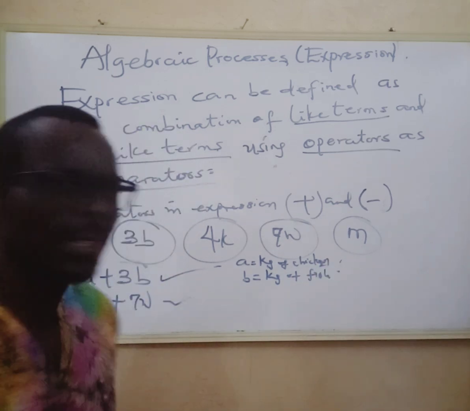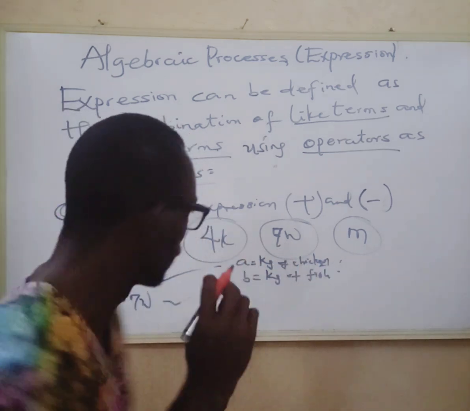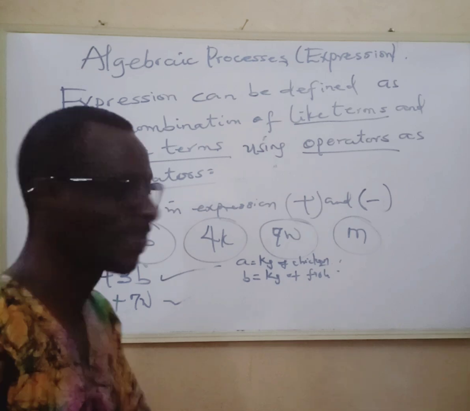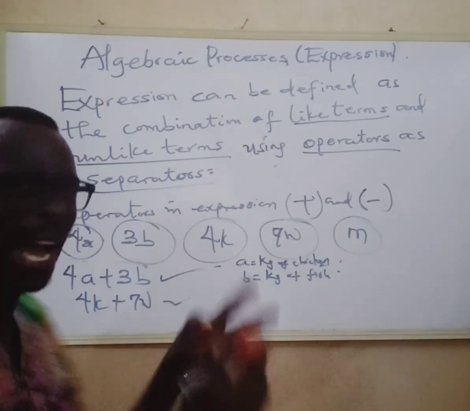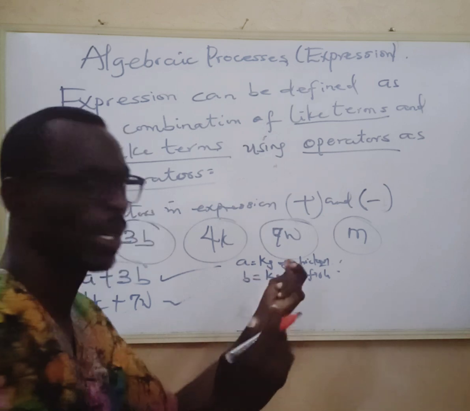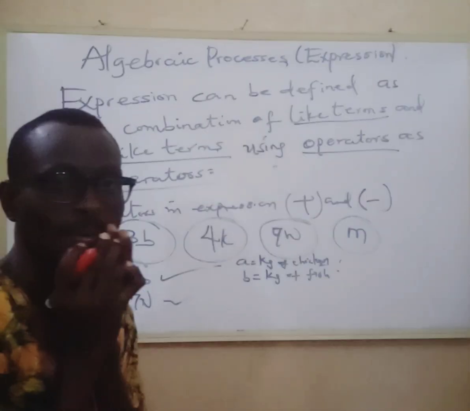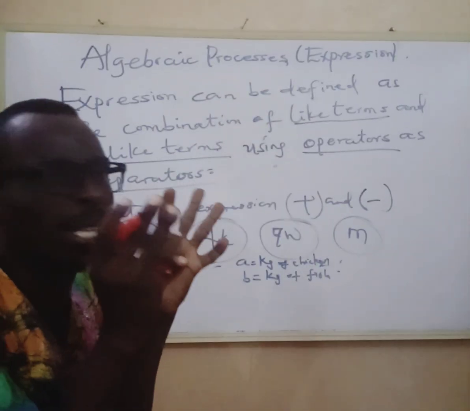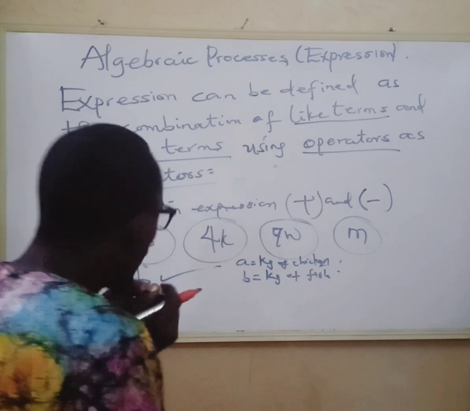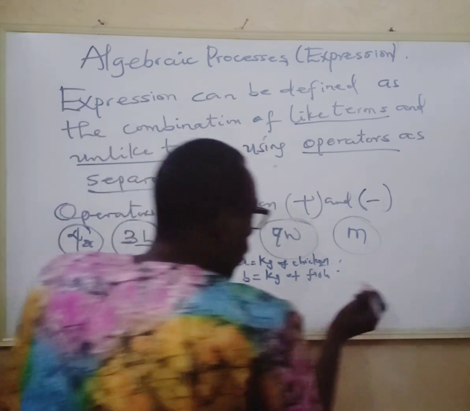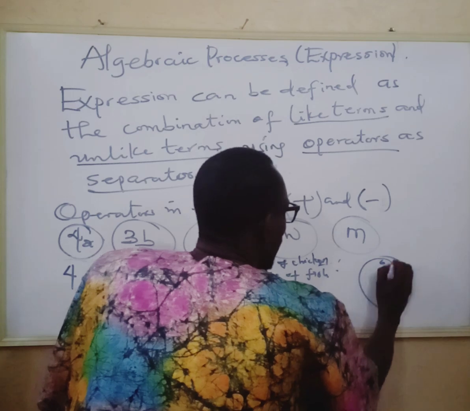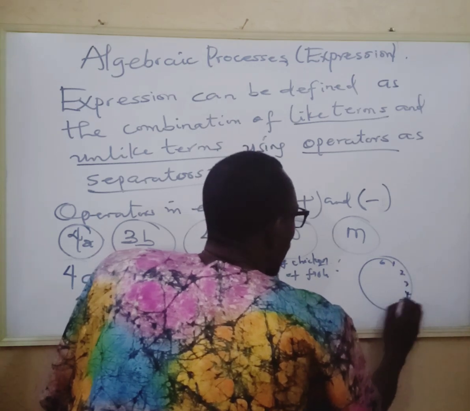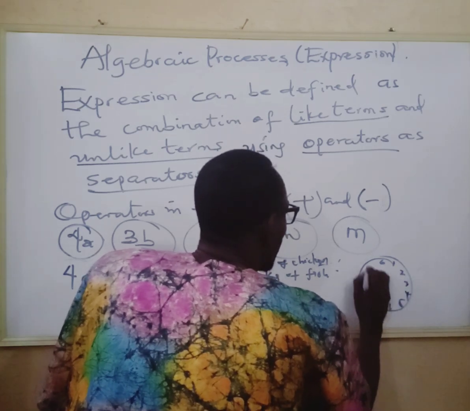Do you know that we have two things here? Kilograms of chicken, kilograms of fish. That means you are buying each from two different people. It could be the same set of people that you are buying from, but they have a tool called the scale. That scale, 1, 2, 3, 4, 5, 6, 7, 8, 9, 10.